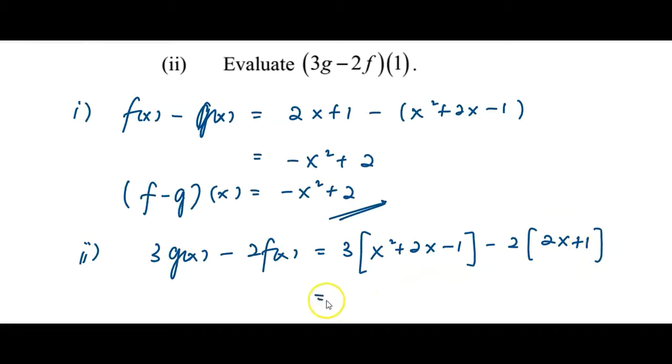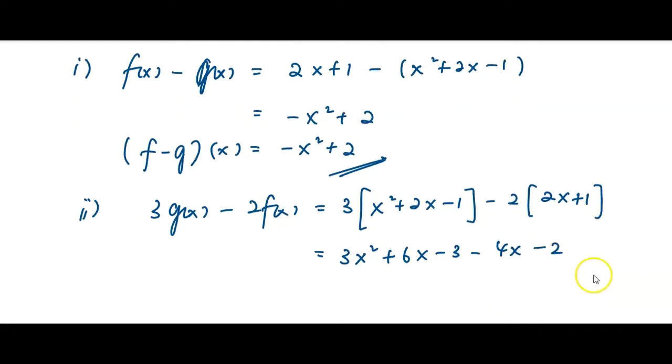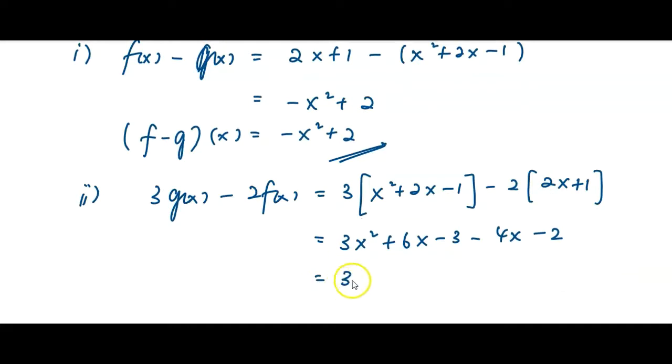Simplify the function. You have 3x squared plus 6x minus 3 minus 4x minus 2. Simplify further. You have 3x squared plus 2x minus 5. So this is your 3g minus 2f.